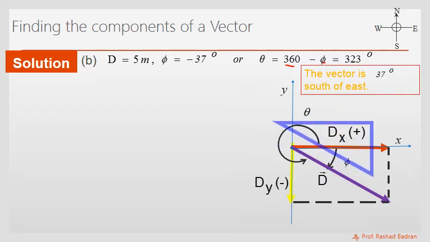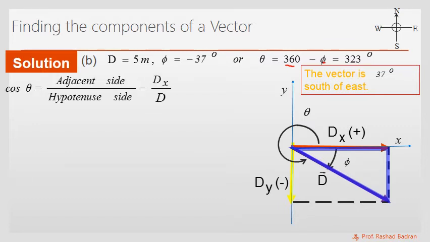So we choose the right-angled triangle as before, but this time in the fourth quadrant, where the hypotenuse represents the magnitude of the vector D, and the angle phi is chosen between the adjacent side and the hypotenuse.